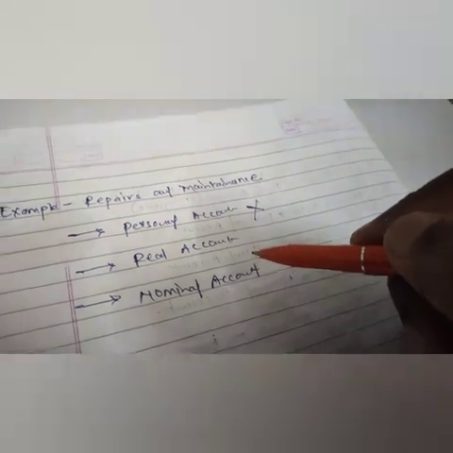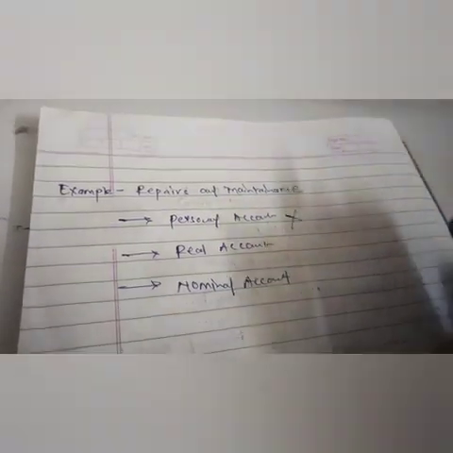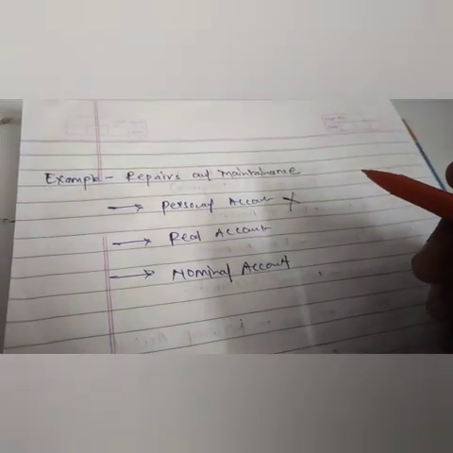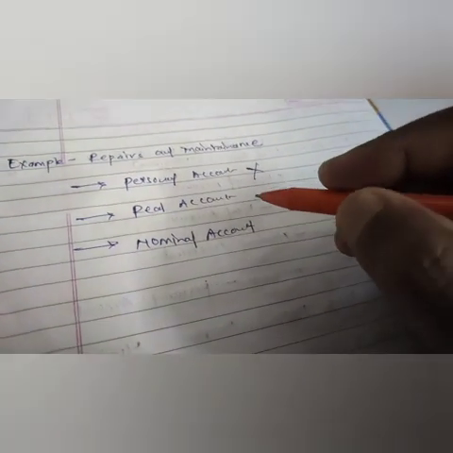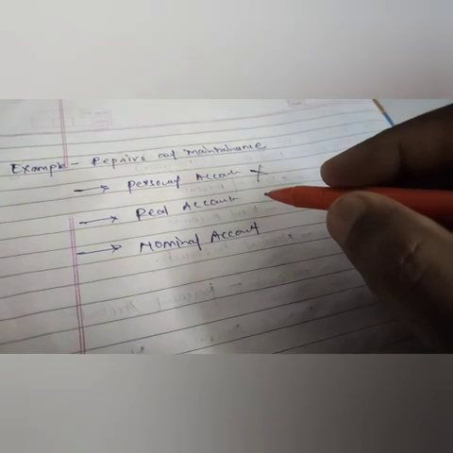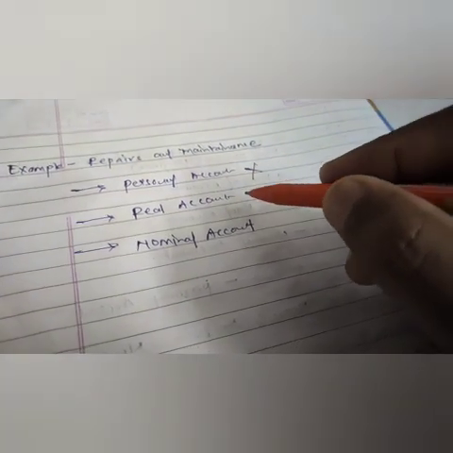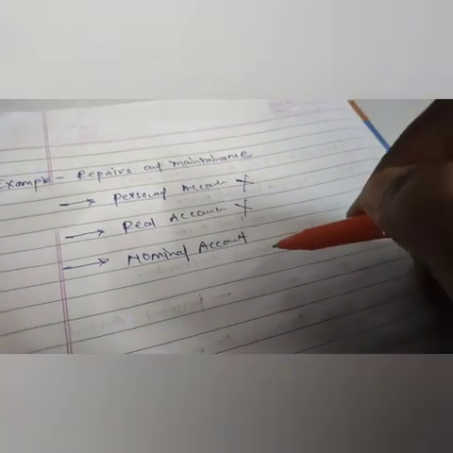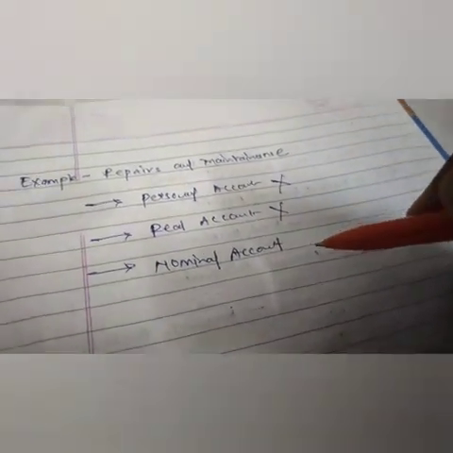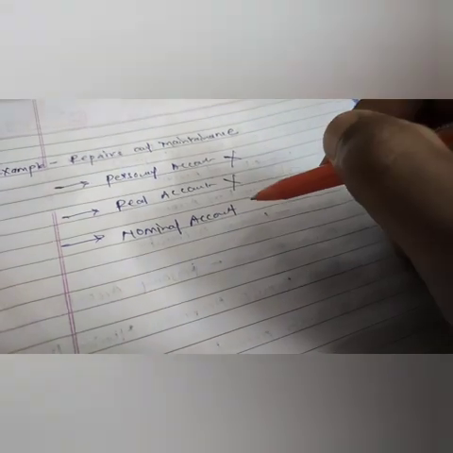Then the real account, it can be tangible or intangible, can we see and touch it? No, it doesn't come under the real account also. Whether it comes under a nominal account, yes, it is a nominal account.